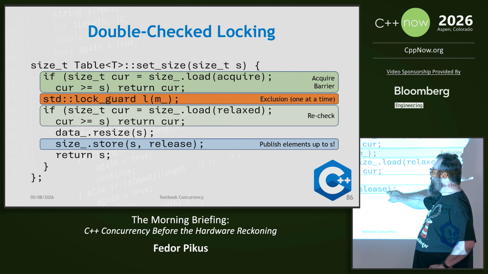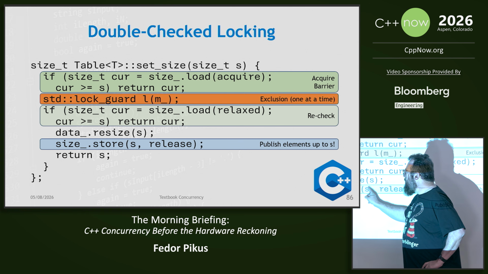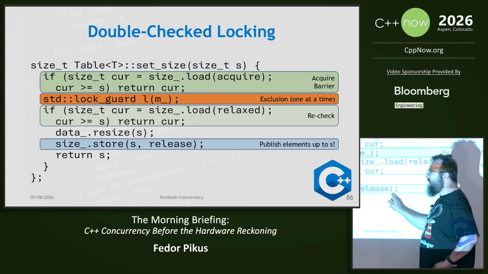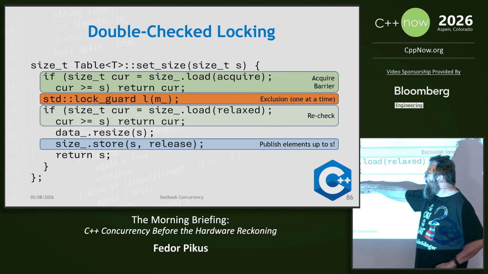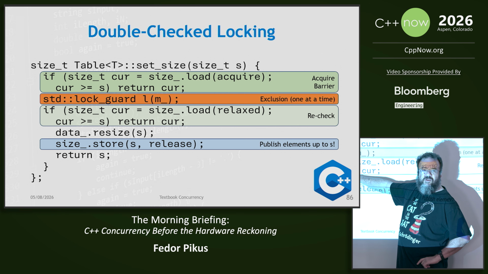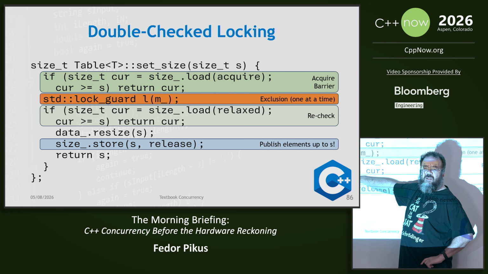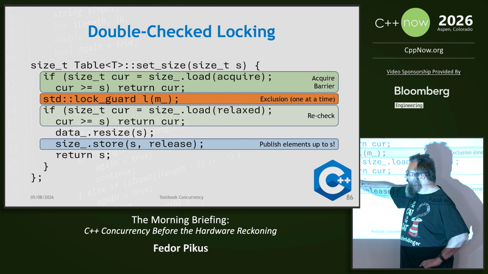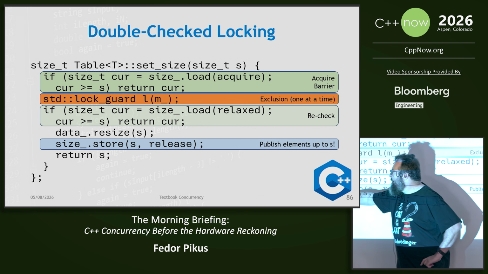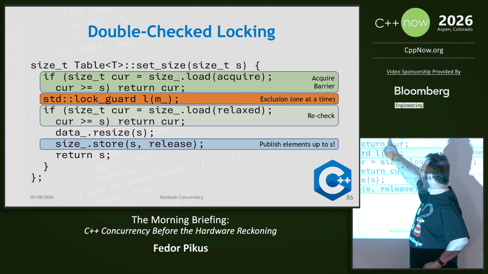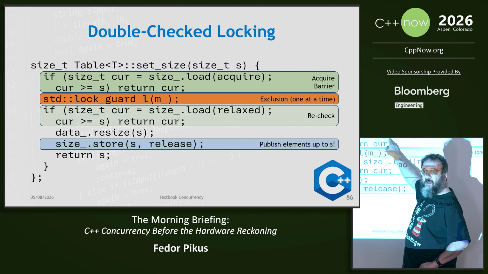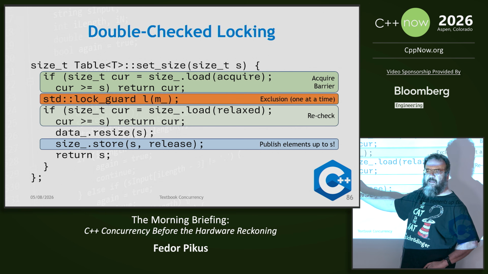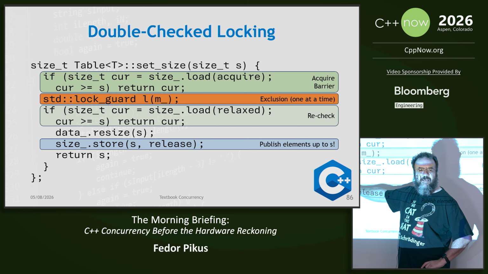Okay, here is the release. The new size is being stored into the atomic with the release barrier after all of these constructors fired. So I'm releasing all the work done by all of these constructors, and anybody who reads my size with acquire, which is actually that, will have visibility into what these constructors did.